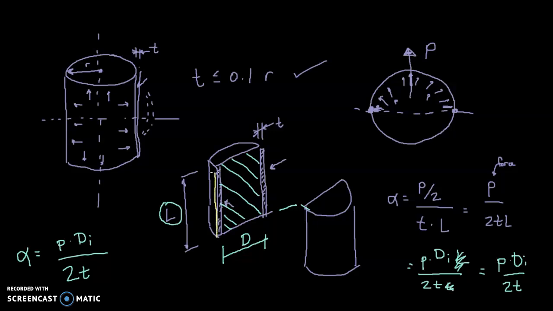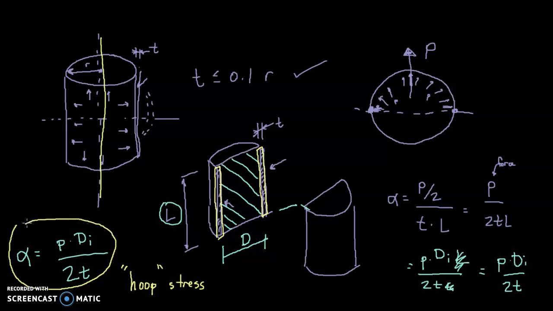On these vertical walls of the cylinder, resulting from the interior force pushing out when we slice through the cylinder vertically, this is called hoop stress. So it's sometimes referred to as hoop stress. It is the stress in these vertical walls, and this is the formula for it right here.